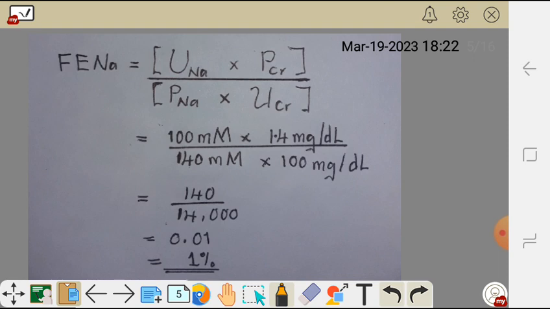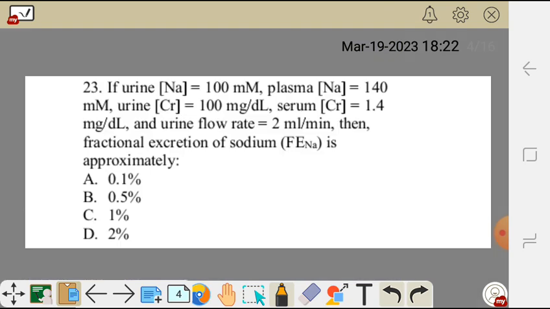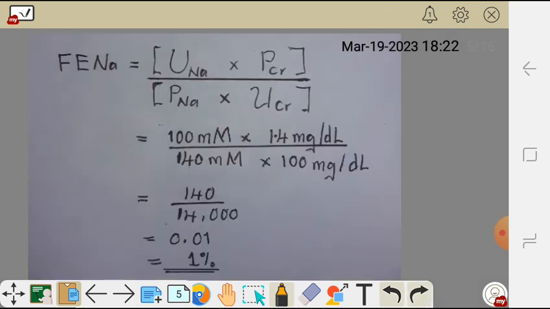Our urine sodium concentration was 100 millimolar in this question. Don't worry about the units, they are going to cancel in the formula. Then creatinine concentration in plasma was 1.4 milligrams per deciliter, divided by plasma sodium concentration of 140 millimolar multiplied by creatinine concentration in urine, which is 100 milligrams per deciliter.